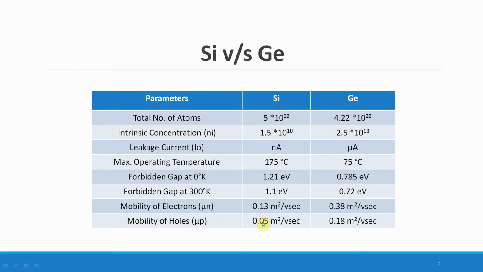The mobility of holes is 0.05 in silicon and 0.18 in germanium. So we can see that germanium has comparatively higher mobility, due to which there is a high chance of conductivity in germanium.